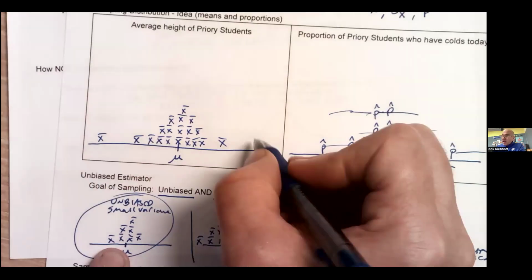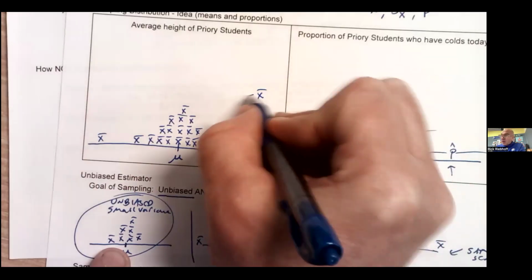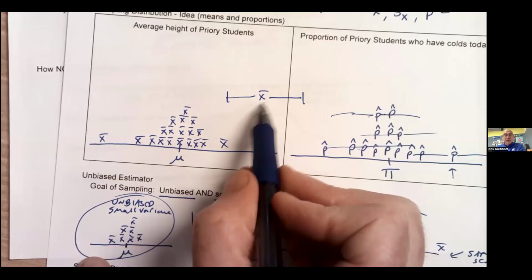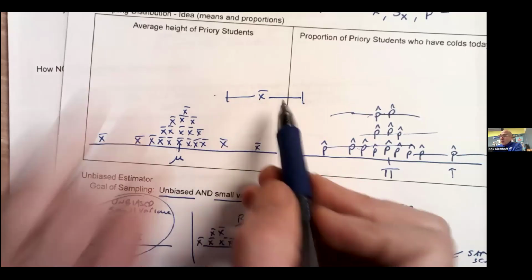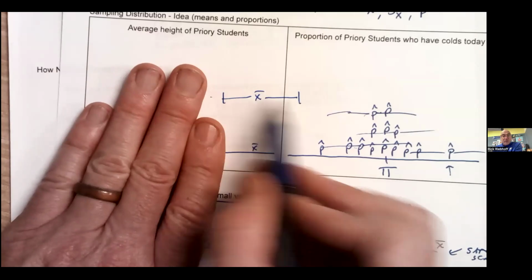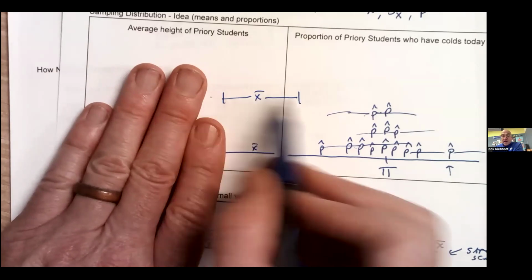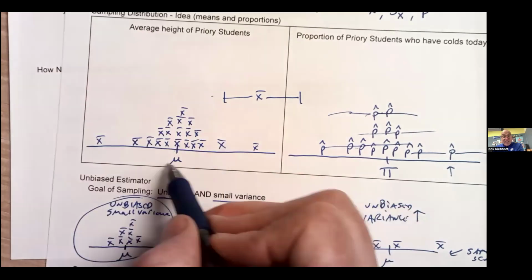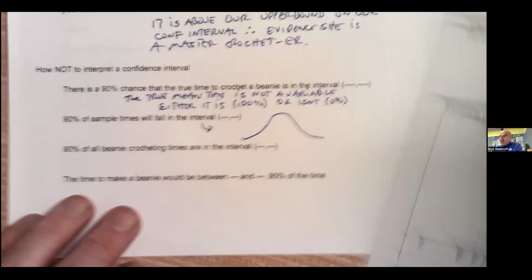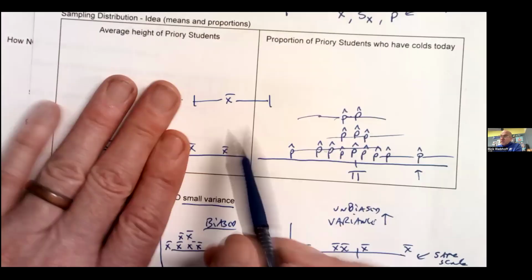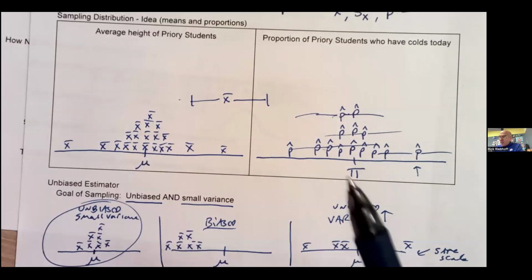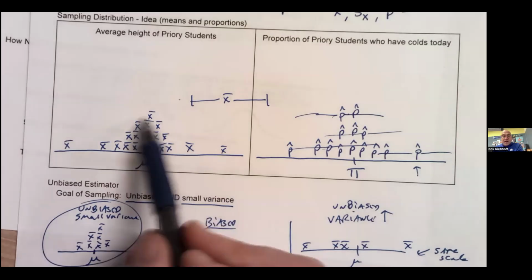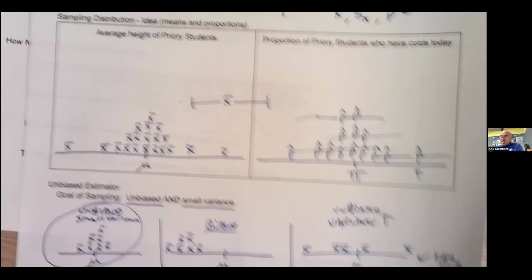If this is the one, and I create a confidence interval on it, and my confidence interval goes this far, we're in the dark. We're 90% confident that the true proportion is somewhere between there, but in reality, it's not, let's say. So we can't say 90% of sample times will fall in the interval. Is that true? Are 90% of the sample times within this interval? We can see that it's not. I get maybe 2 out of the 40 that I did here or something like that. So that can happen.